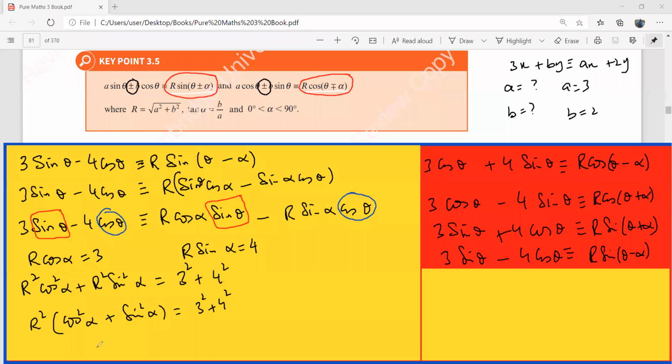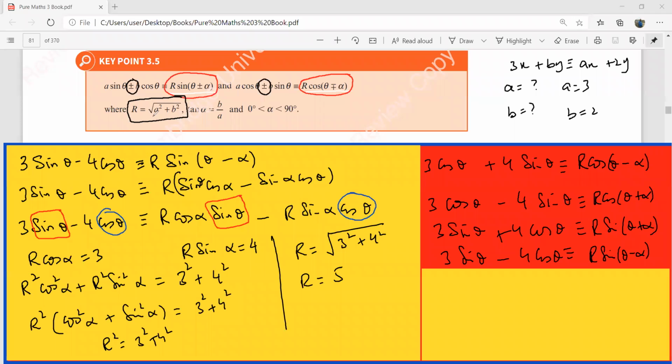I'm doing this purposefully. So this r square is going to be 3 square plus 4 square. Therefore, this r is going to be the square root of 3 square plus 4 square. And at the end, I'm going to write this r is going to be 5 units here.